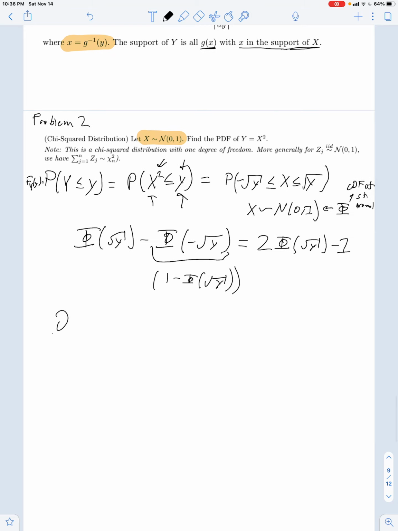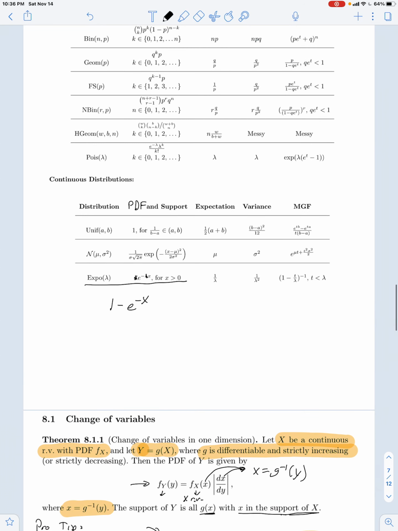Then I want to directly take the derivative of F_Y of y to get the PDF. I don't really want to write down the PDF of the normal, so I'm just going to use phi to be the PDF of the standard normal, which is just this guy here.